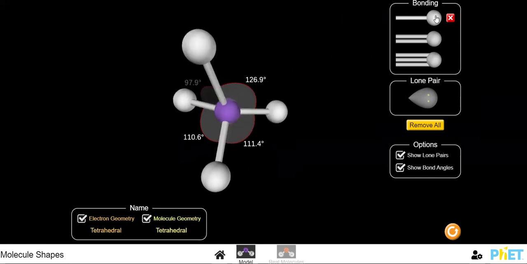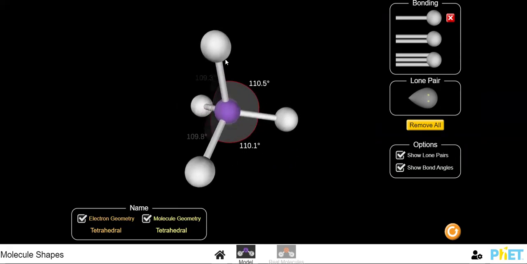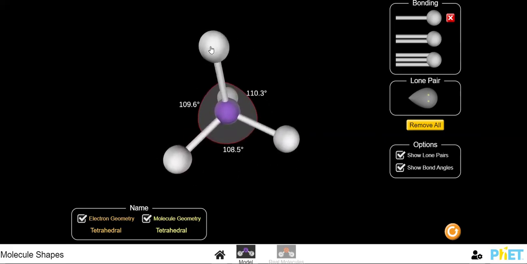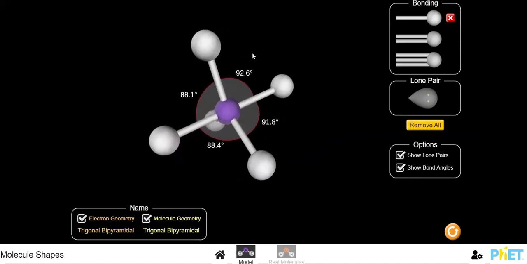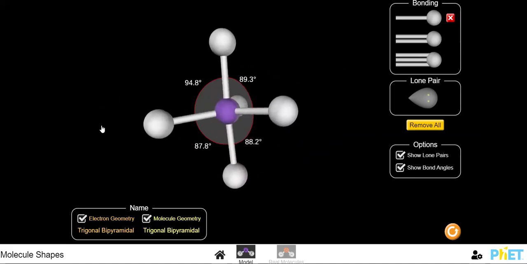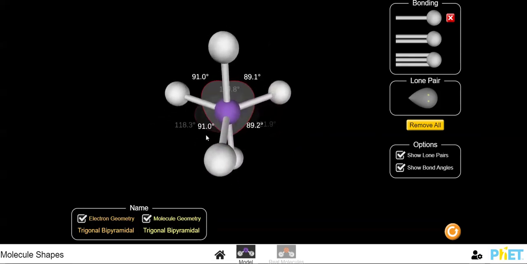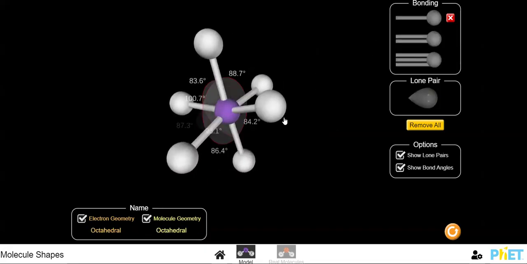When I bring the fourth one in, this was really odd, but if you came in this way, hopefully you'd see it doing that 109.5. You can rotate it around if you can't see it. I don't know that that helps. But all right, now we add another one and we can see trigonal pyramid. The angles, it doesn't really show the 120 in there too well. And lastly, octahedral, all 90 degrees.